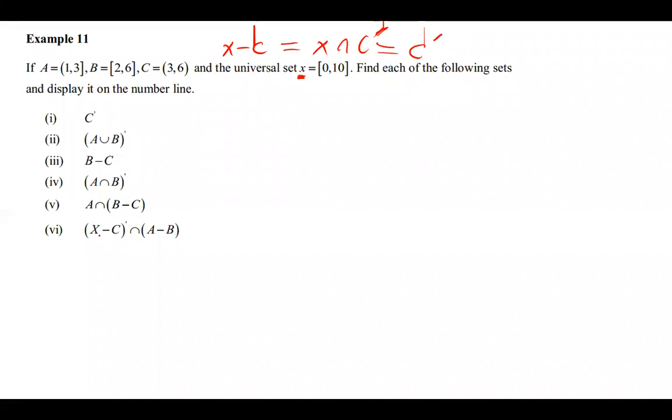So on this part where there's X minus C, we can just put C complement, and then in brackets, there's also another complement inside there. And then we open the brackets, we have A minus B. A minus B is just the same as A intersection B complement. Let me just use the normal brackets.